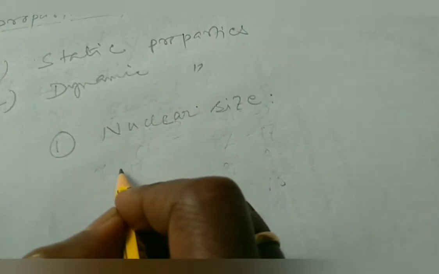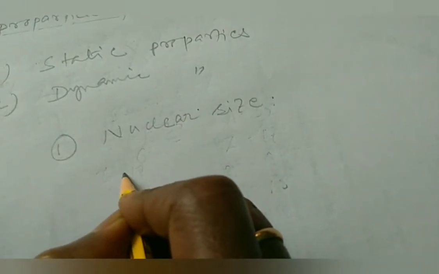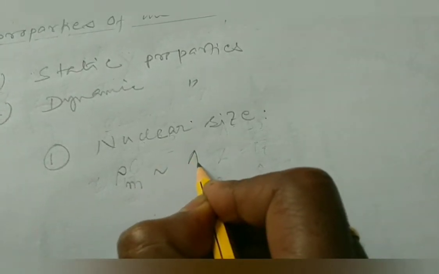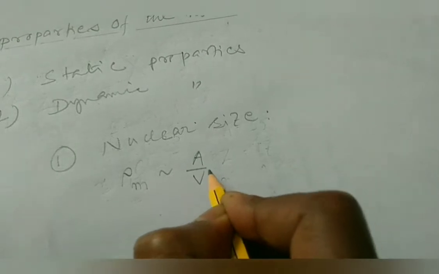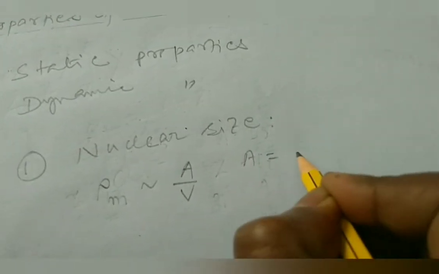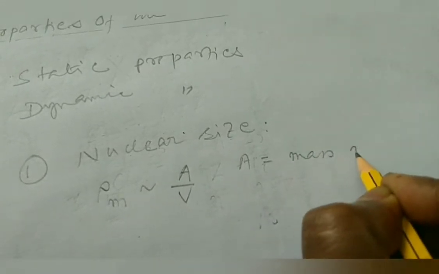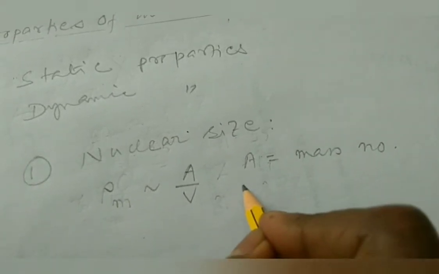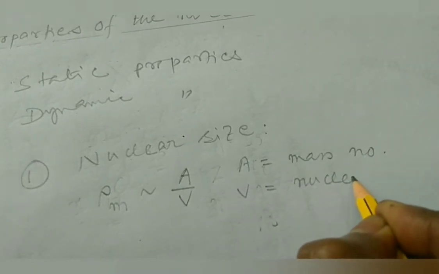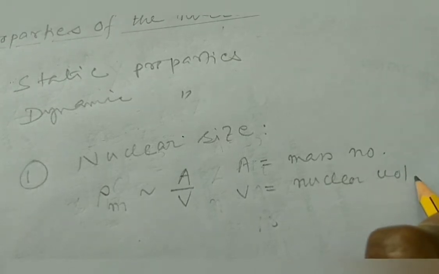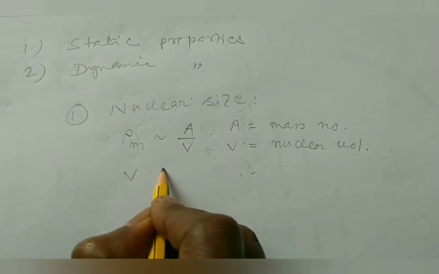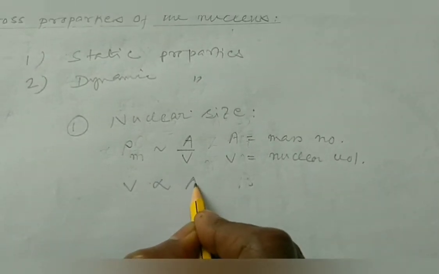That is, the nuclear matter density rho m is nearly equal to A by V, where A is the mass number, and V equal to nuclear volume. That is V proportional to A.